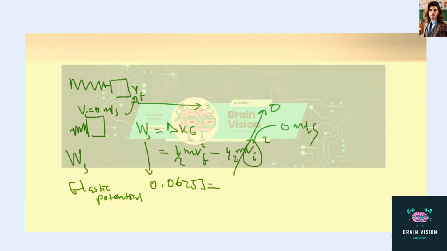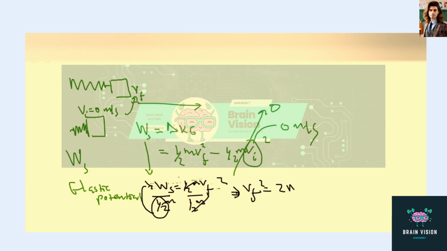Actually, the best way in doing these problems is to wait up until the final step. So Ws equals 1/2 m v final squared. Divide both sides by 1/2 m. It's always a good habit to process the problem like that. The 1/2 cancels, and it becomes 2. So v final squared equals 2 times the work done in compressing the spring over the mass of the block.